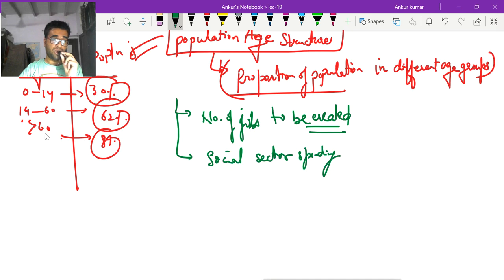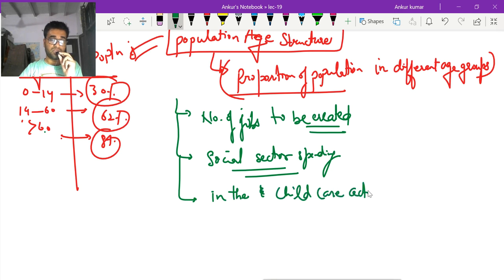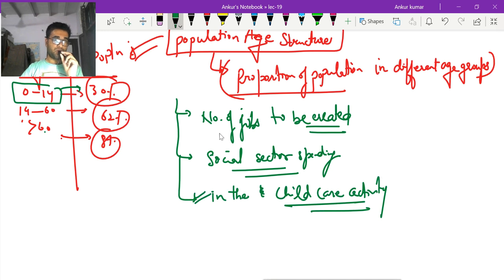For example, if the population is more in the 60 plus age bracket, that means you have to spend more on social security schemes, pension, etc. You will also come to know how much to invest in child care activities. If the population in the 0 to 14 age bracket is more, that means you have to invest more in child care activities. Okay, so this is the importance of population age structure.